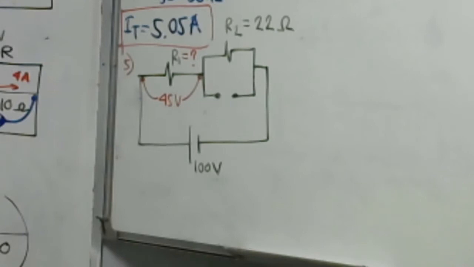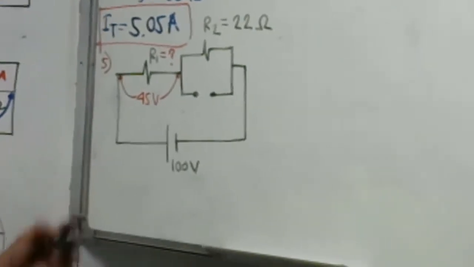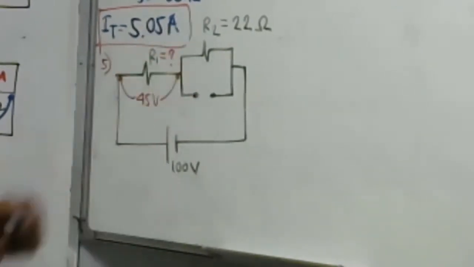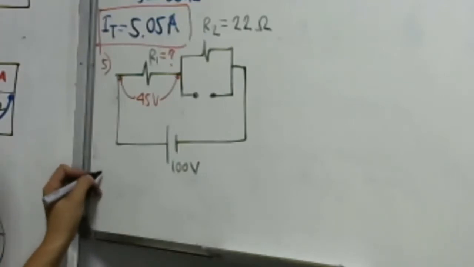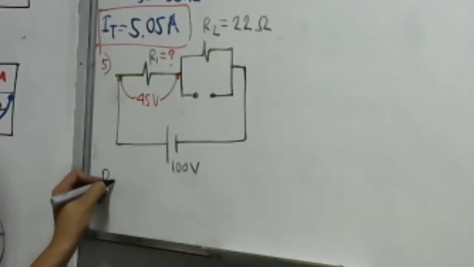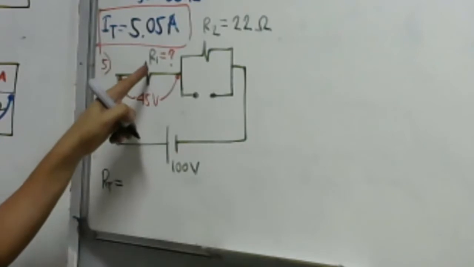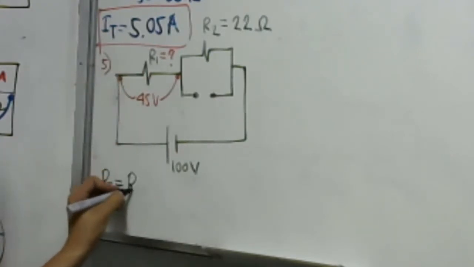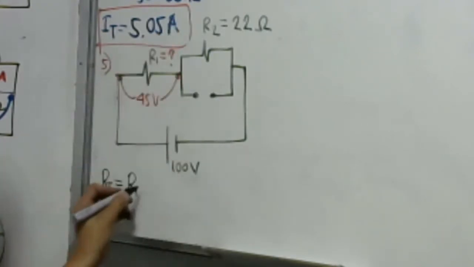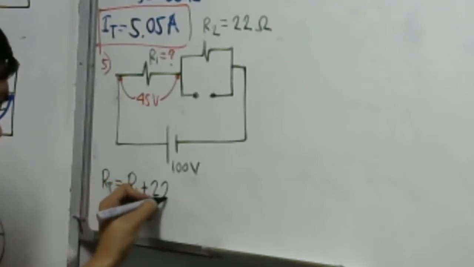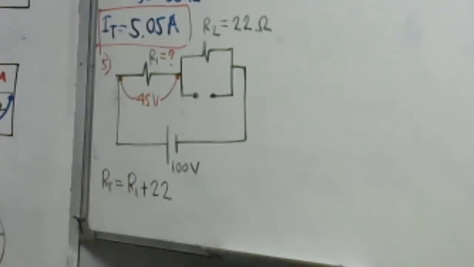Take a look here. We have here our total resistance. What is our total resistance? Simply equal to R1 plus 22. R1 plus 22.